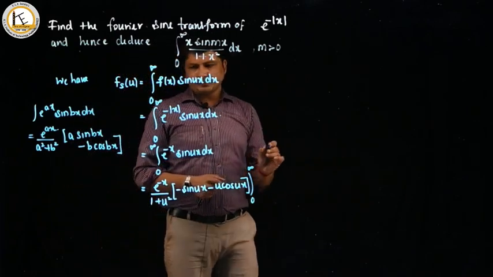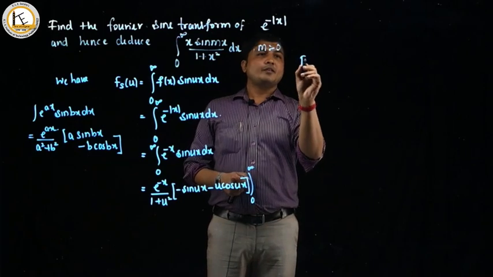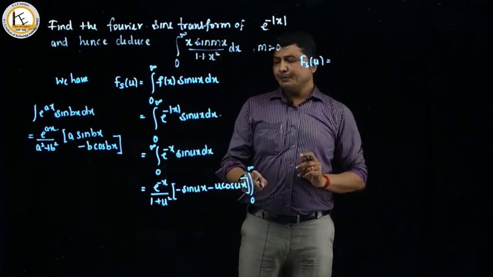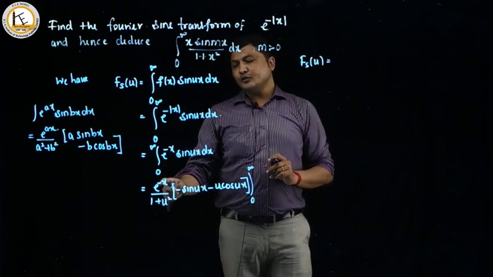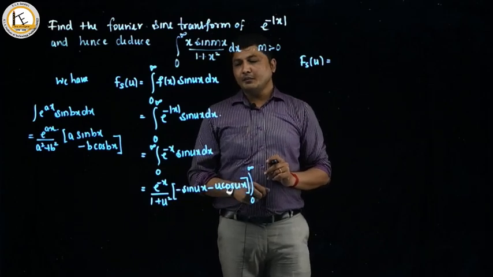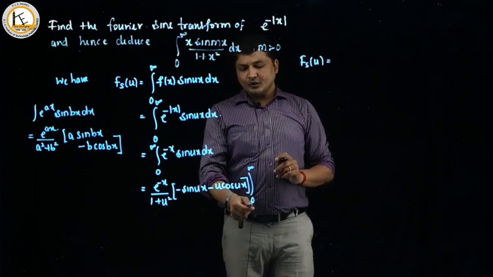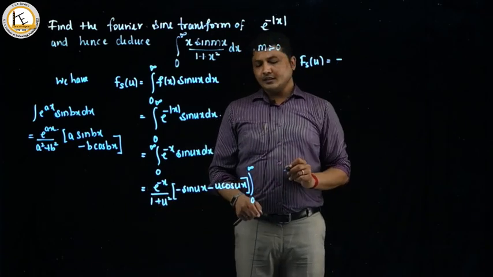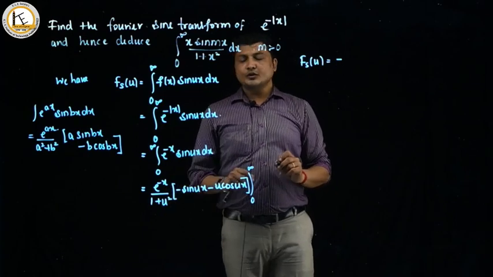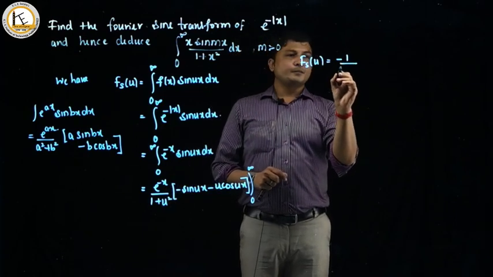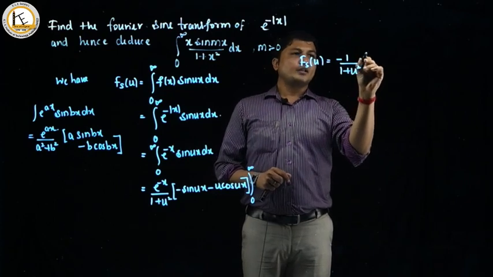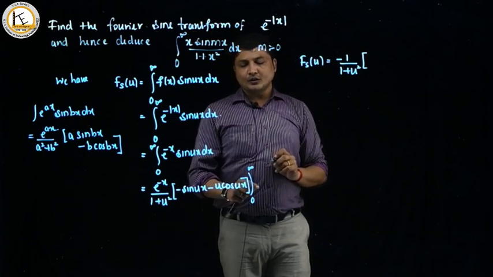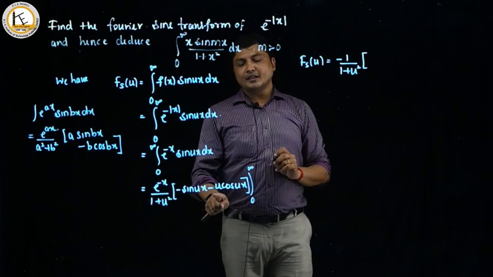Applying the upper limit, infinity, e raised to minus infinity is 0, and 0 into anything becomes 0. Coming to the lower limit, we take a minus sign: e raised to 0 is 1 divided by 1 plus u square into the bracket, sine 0 is 0 and cos 0 is 1, so the remaining term is minus u.